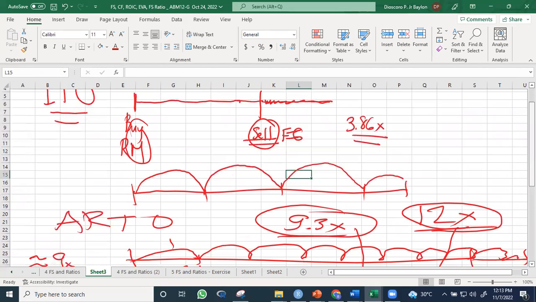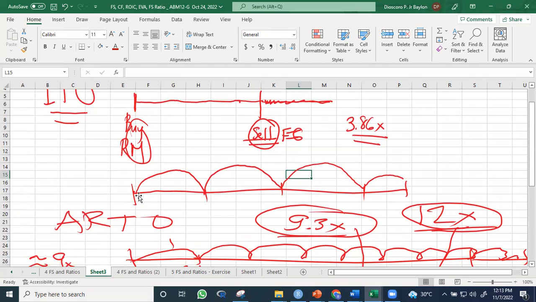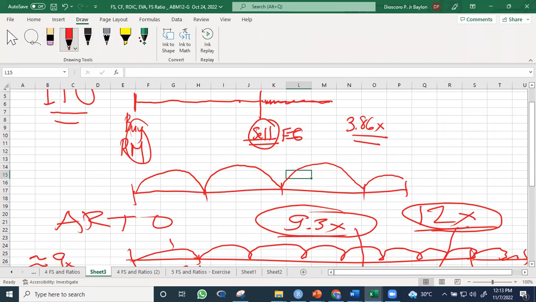Ibig sabihin yan, class, that it takes the company 94 days, rounded, to buy raw materials, manufacture and then sell. So this is 94 days. Approximately mga 94. 3.8 kasi, no? Gawin ko lang kunyari 90 days.